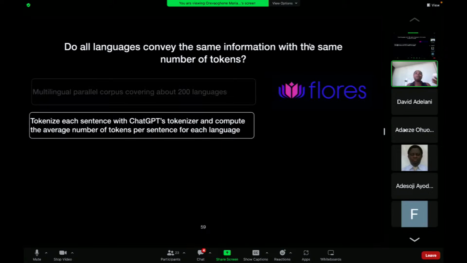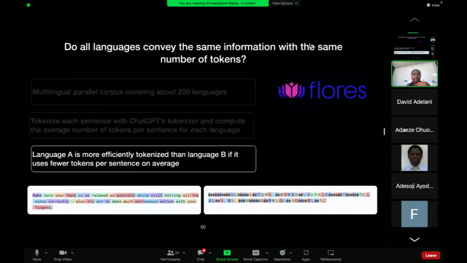But for our experiments, we wanted to use parallel text to control for the same information. I have the same information. I don't care how it's broken down into words. I just want the same thing across languages. And then we say that a language is more efficiently tokenized than another language if it uses fewer tokens per sentence on average.